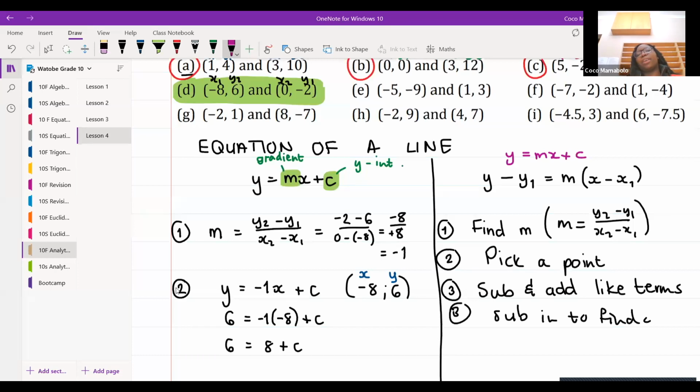No, not 8 minus 6. If I take 8 over, it becomes? -8. Good. So c is equal to 6 minus 8, and then c is equal to -2.